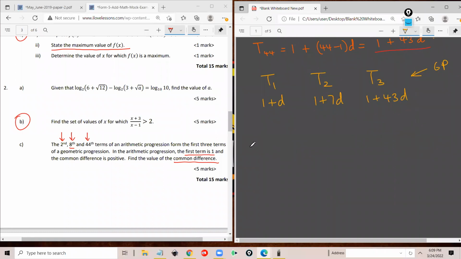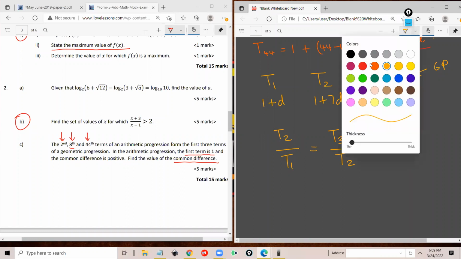Remember, for it to be a GP, if you take T2 and divide it by the term before, you will get the same exact answer as if you take T3 and divide it by the term before. Whenever you take a term and divide it by the term before, you just get something called the common ratio. So they're kind of building you up here to form an equation.